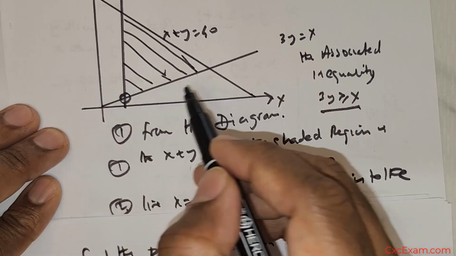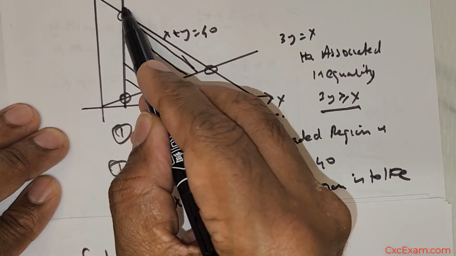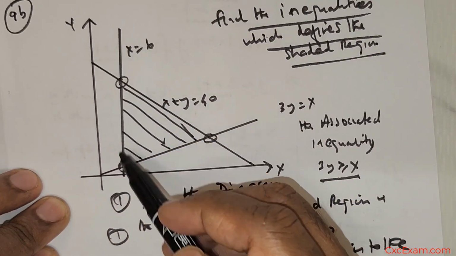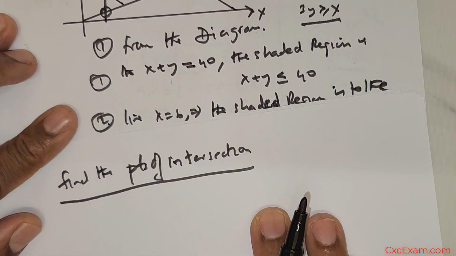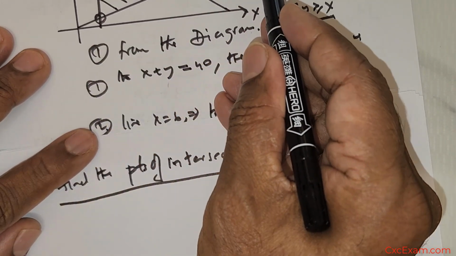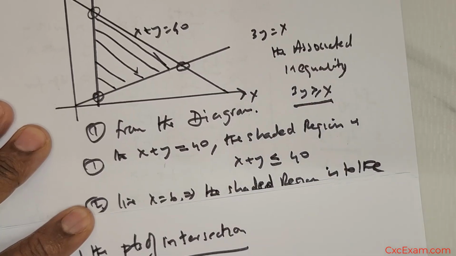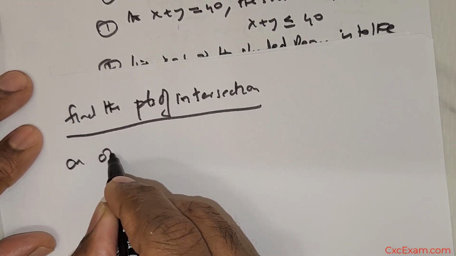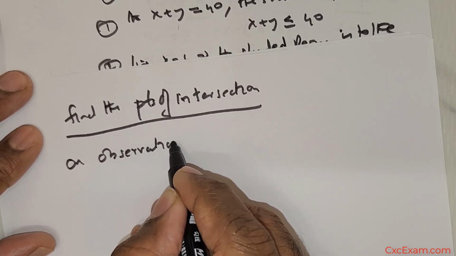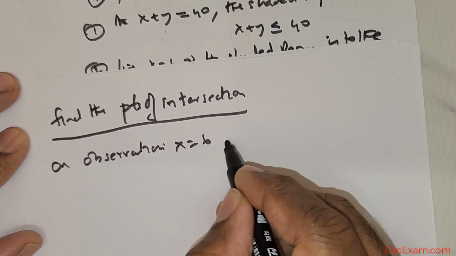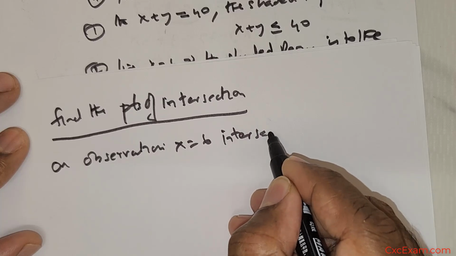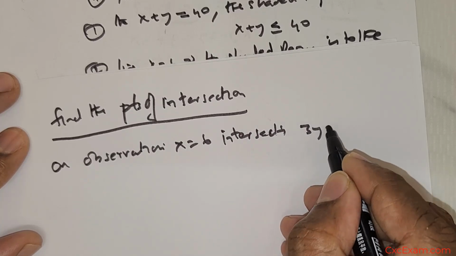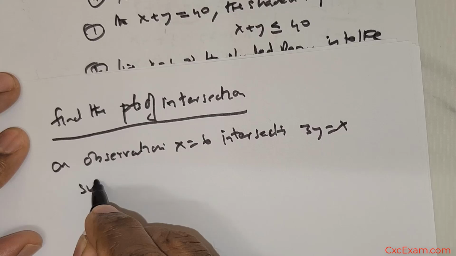So we need to know this point, this point, and this point. Now clearly x = 6 is intersecting 3y = x. So I'm going to state that on observation, x = 6 intersects 3y = x.